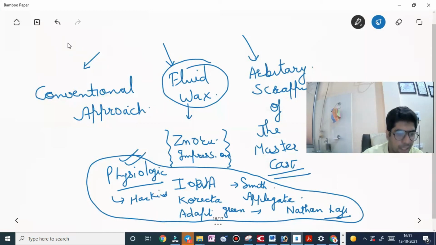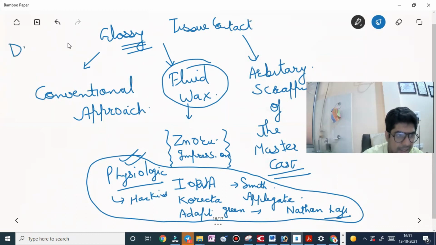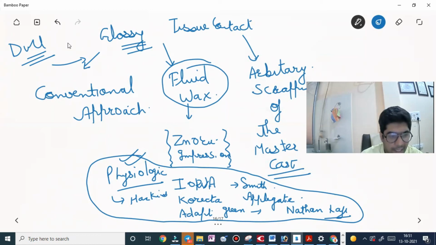Remember, the glossy area will show tissue contact, and the dull area will show the areas that were not in contact with the tissue. Areas that are dull are added with more wax and the procedure is repeated.